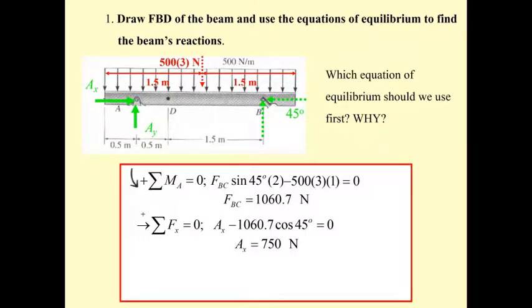And the last one, summation of F sub y equal to 0. This time we are going to have A sub y. Up is positive, and this one is F sub BC sine 45 degrees. These two terms are plus, and then the 1500 Newton here is going to be minus.